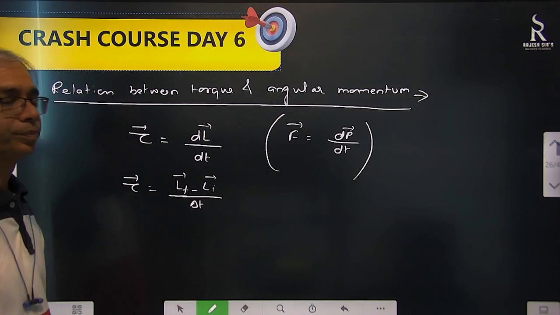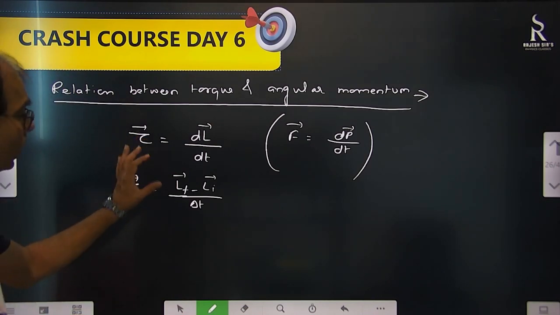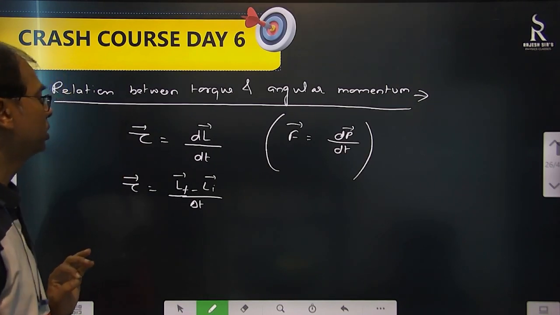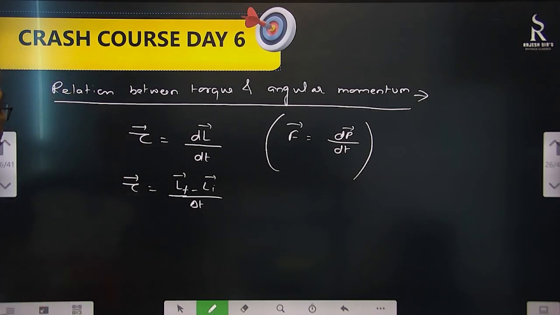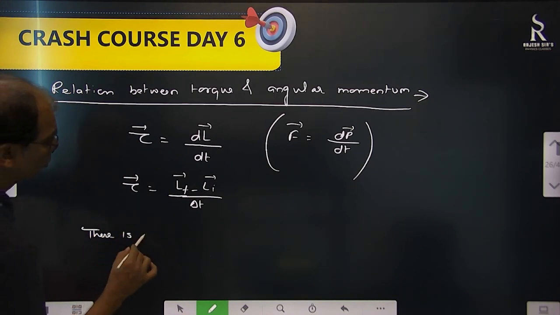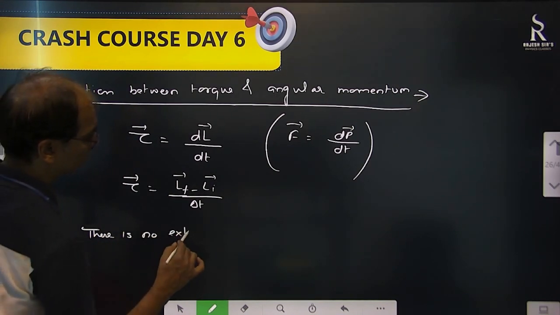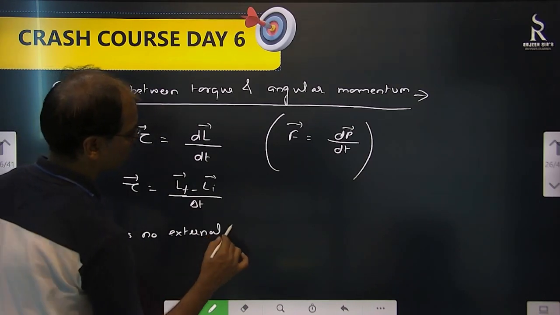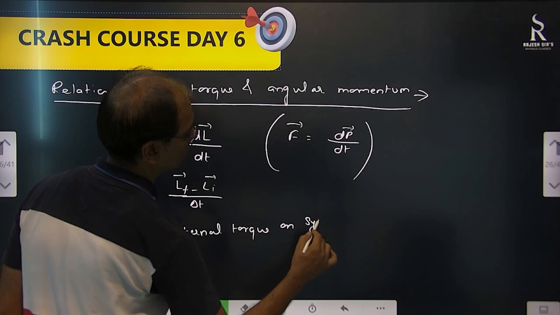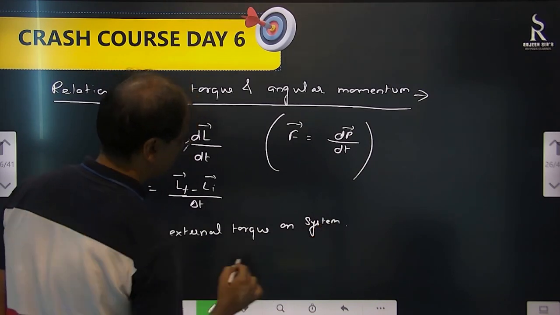Okay. So this is the relation. We are not discussing this relation much. But suppose there is no external torque on the system. Okay, torque is 0.